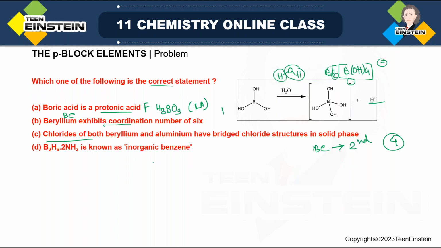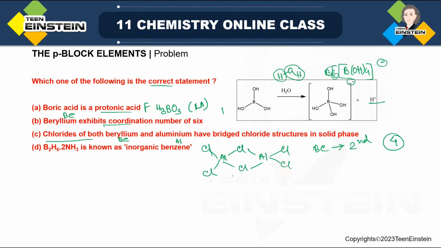Now the third statement: chlorides of Be and chloride of Al have bridged chloride structure in solid phase. In the solid phase, we have seen there is some octahedral type of structure, but still there is some bridging, that is, aluminium is connected to aluminium through chlorine. If you consider the dimer of aluminium, it is simply like this.